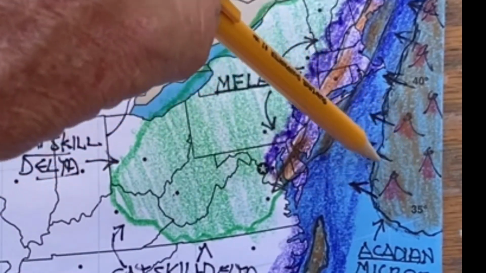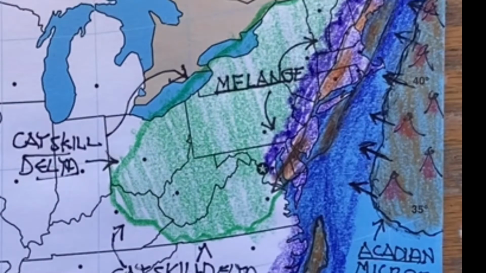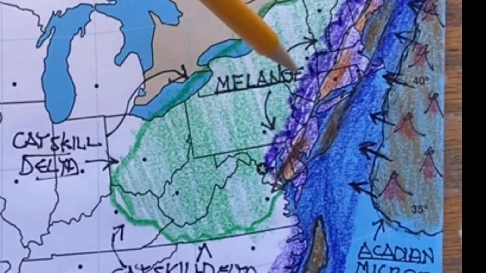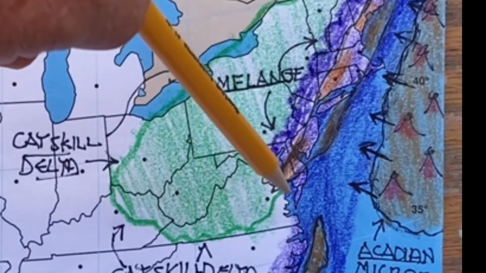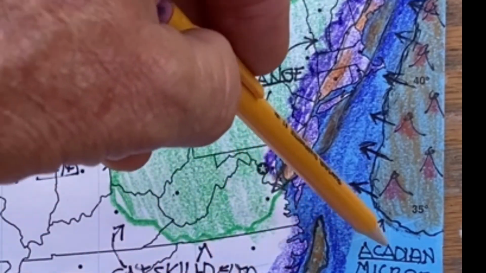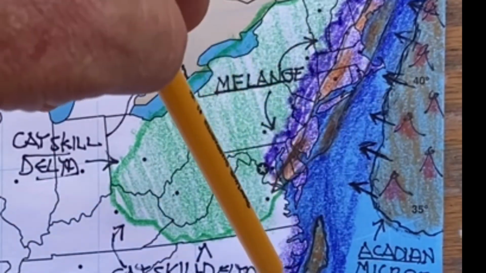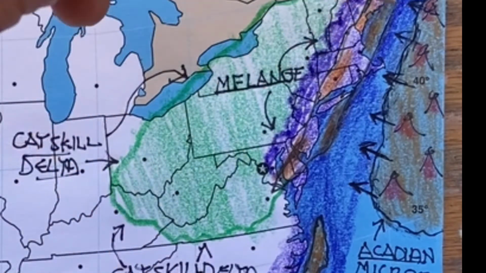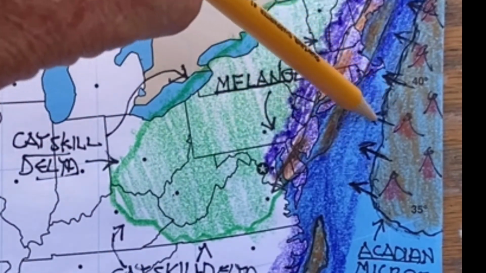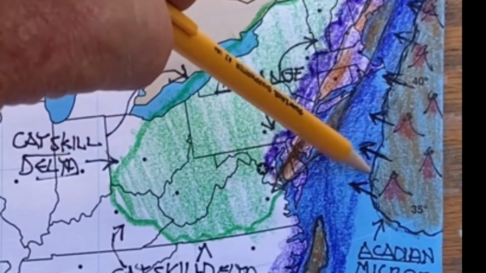It's approaching the mainland of ancient eastern United States and from Virginia north, not Virginia south. The Acadian microcontinent did not crash in from Virginia south. So it did crash in here. And these Acadian mountains, I haven't shown it crashing yet, but it did crash. So let's assume it's crashed.